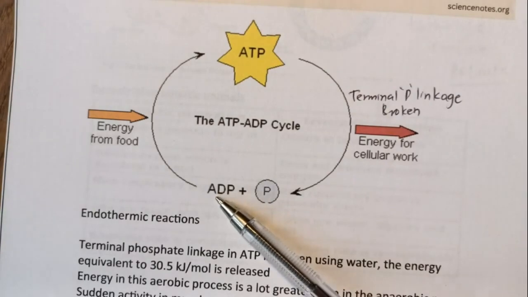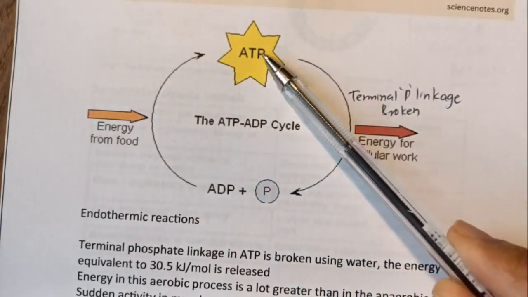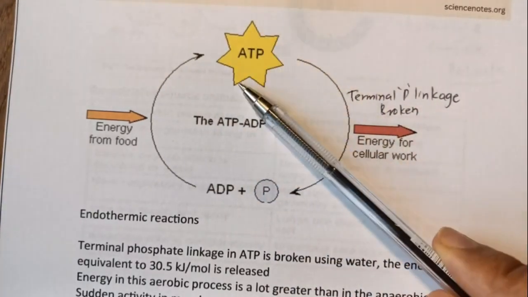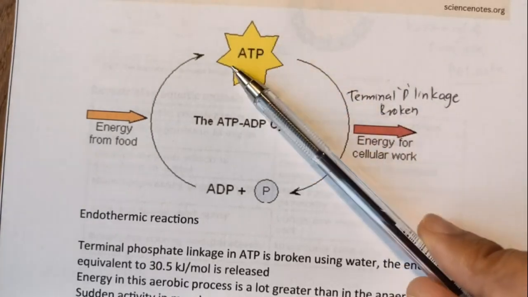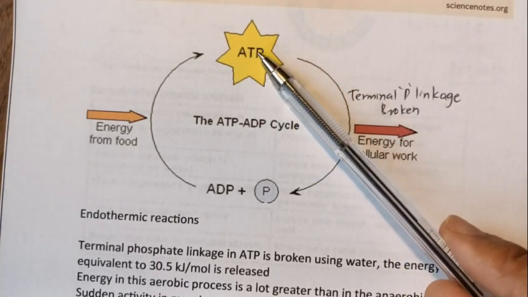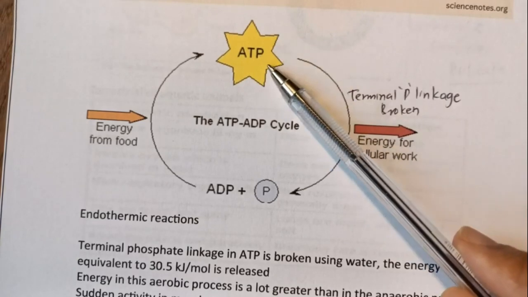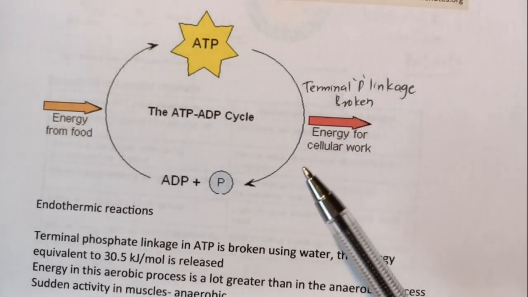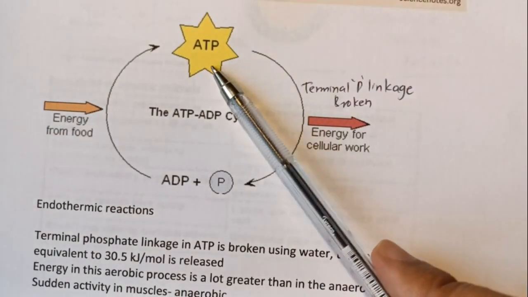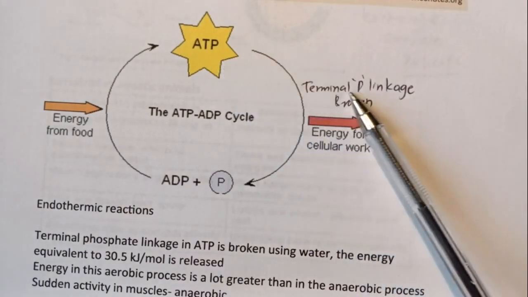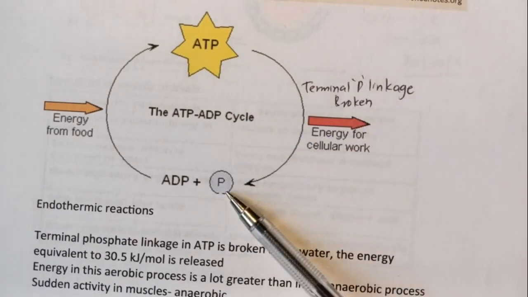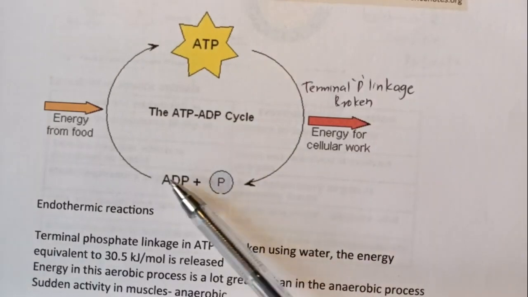So adenosine diphosphate is converted into triphosphate, and this is now a currency. It's like money kept in your bank account, so it can be used immediately or later on when your body needs it.